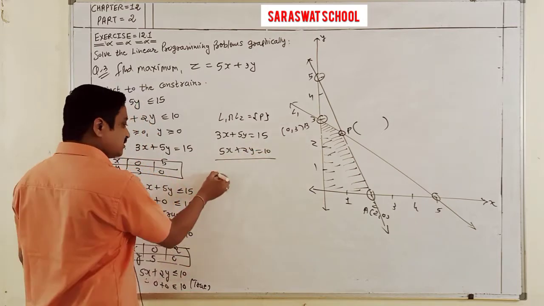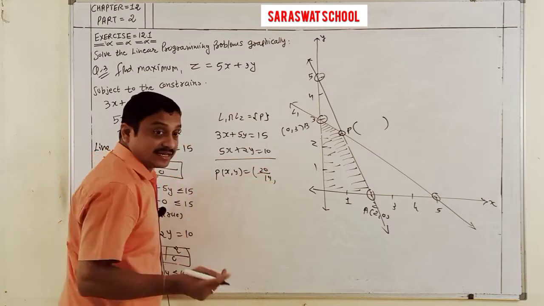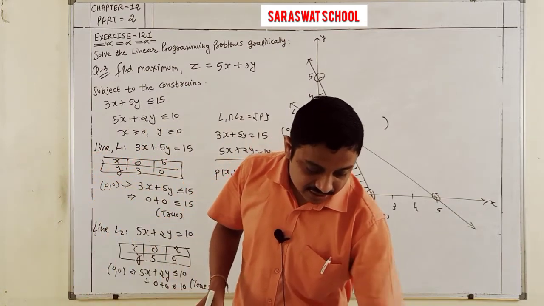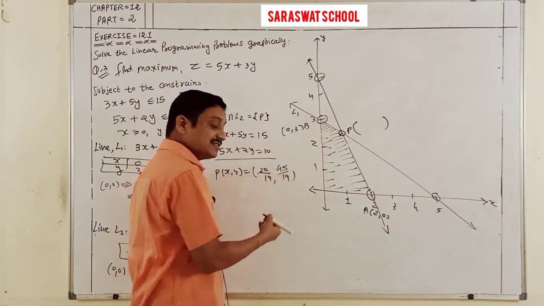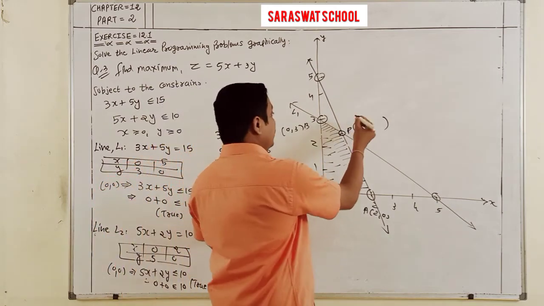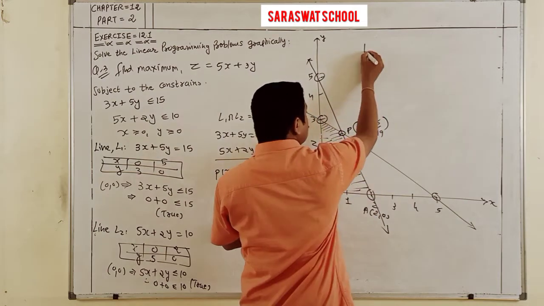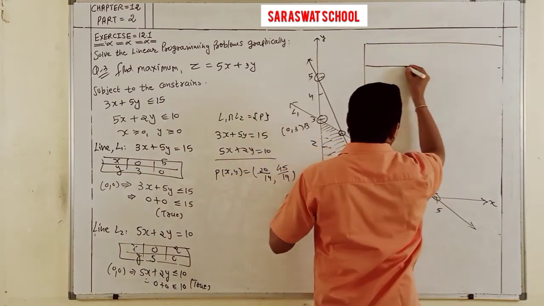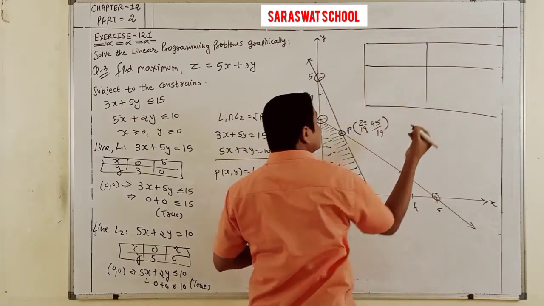Solve by elimination, you will get x and y, just like 20 by 19 and 45 by 19. I already calculated here, that's why I write down 20 by 19 and 45 by 19. Now go to finally the table, corner points and the answers.